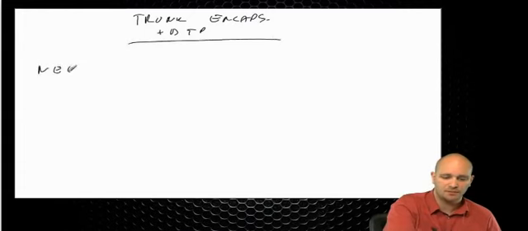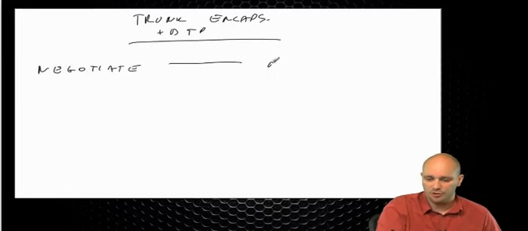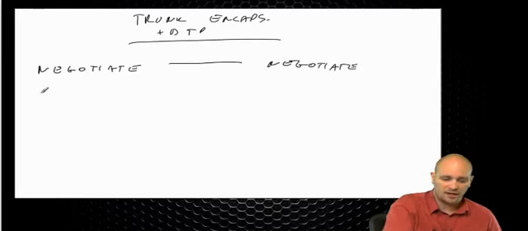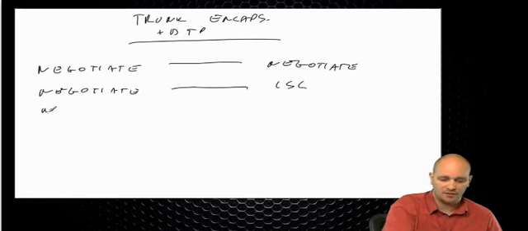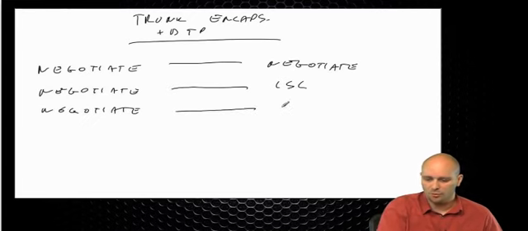You can have negotiate that speaks to negotiate. Then you can have negotiate that speaks to ISL. You can have negotiate that speaks to .1q.